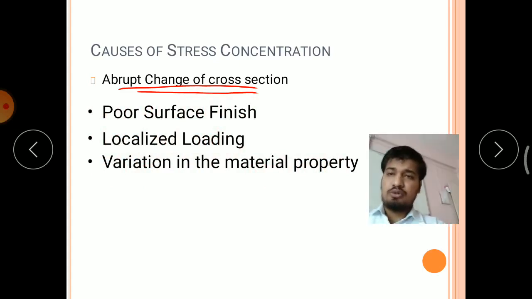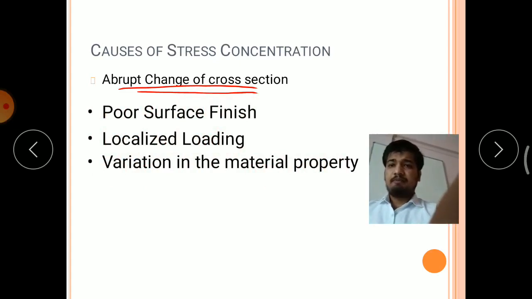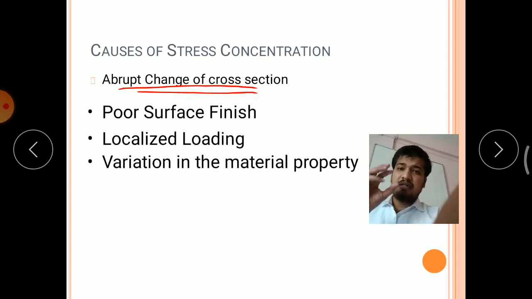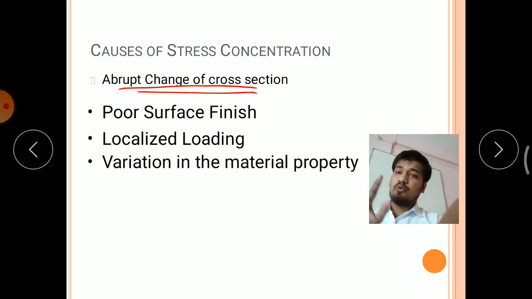These are also parameters by which stress concentration increases somewhere. It is not only because of the abrupt change; it is due to poor surface finish also, localized loading also, and variation in the property of the material also.